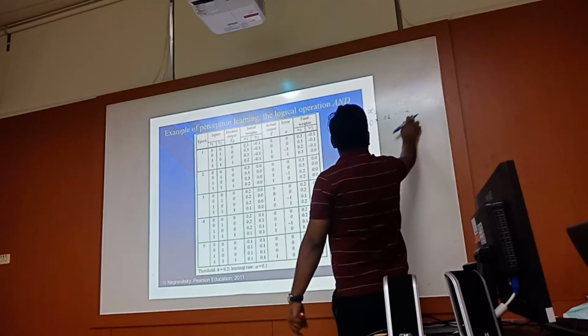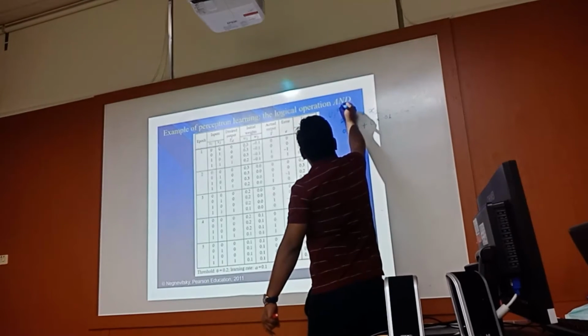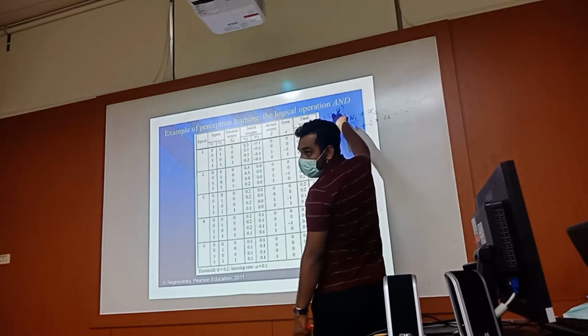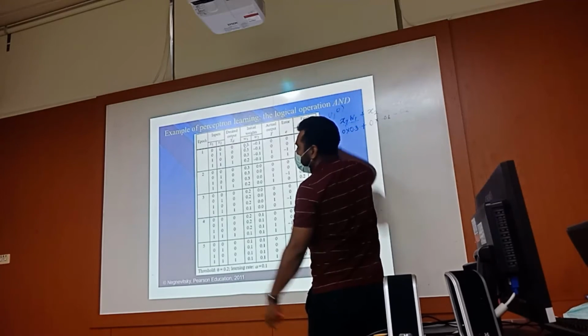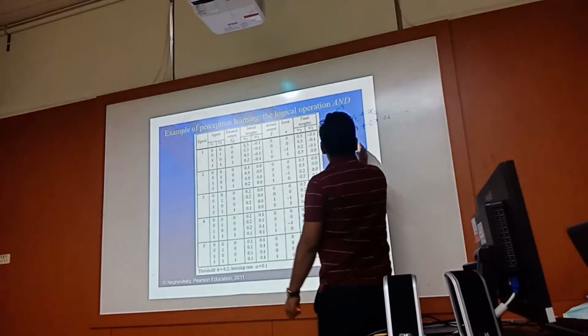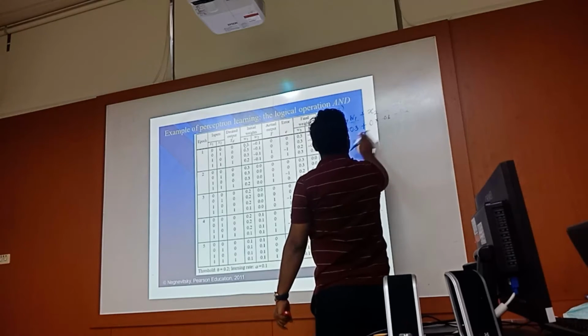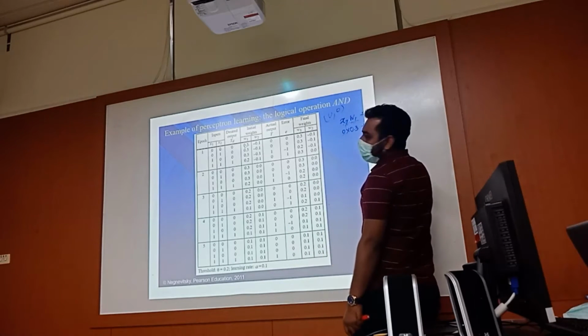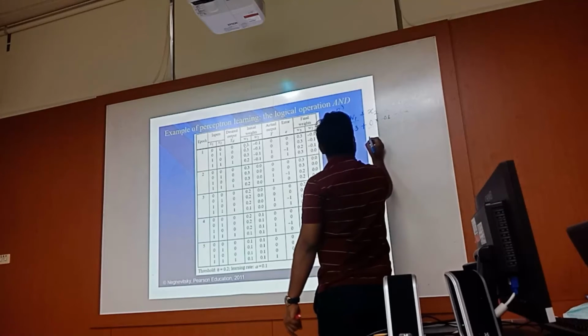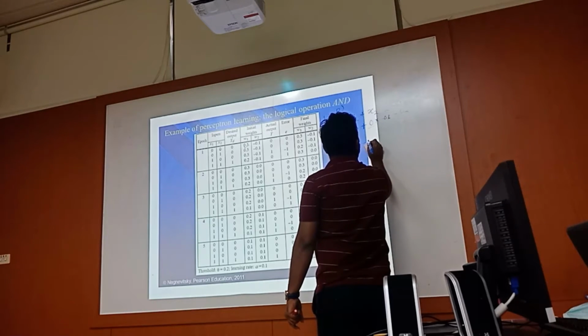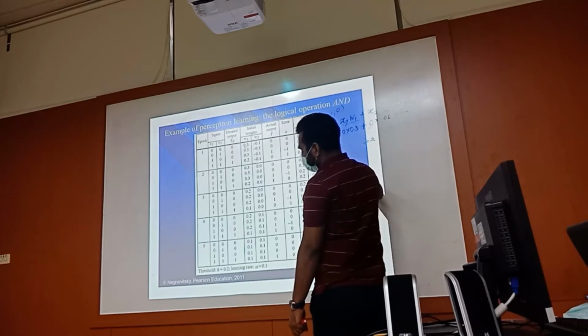So now we will solve this equation for 0, 0. We put x1, x2 values as 0, 0. Because both values are 0, our answer will be minus 0.2.